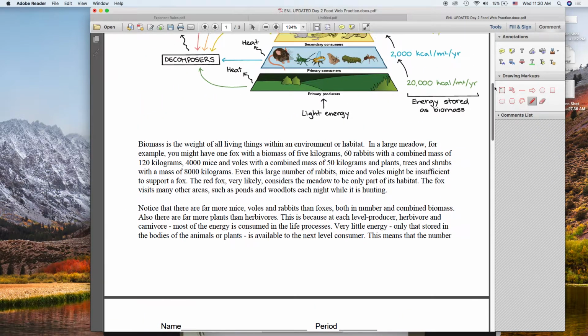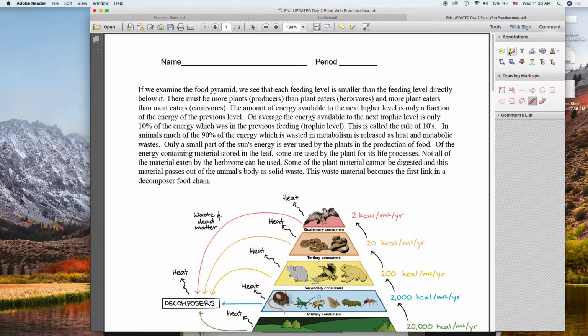Now, I don't want to read the whole thing, because I'm lazy. So I'm just looking for wherever it says tens. Here we go. This is called the rule of tens. On average, the energy level available to the next trophic level is only 10% of the energy which was in the previous feeding. So we have 10% of the energy.